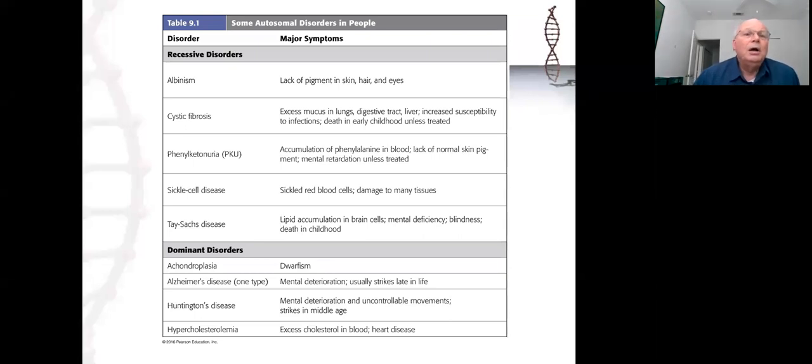But also notice that I said it is associated with particular ethnic groups. The reason is that individuals of an ethnic group tend to marry within that ethnic group. And if there is a genetic disorder, particularly one that's recessive, not so much one that is dominant, then the chances of two individuals within that ethnic group being heterozygous for these particular alleles is probably quite high.